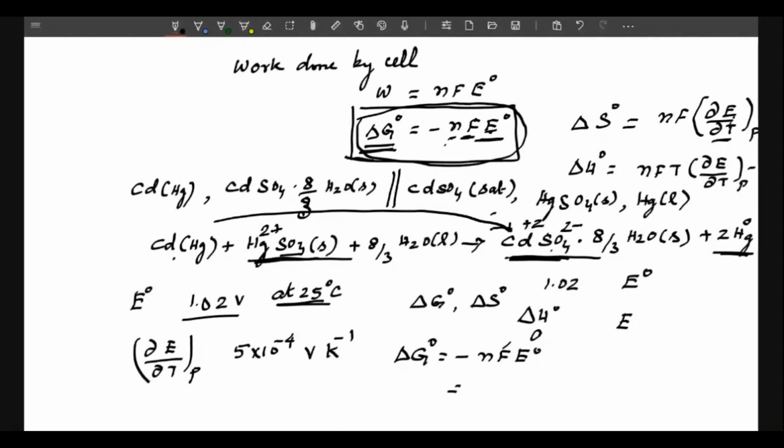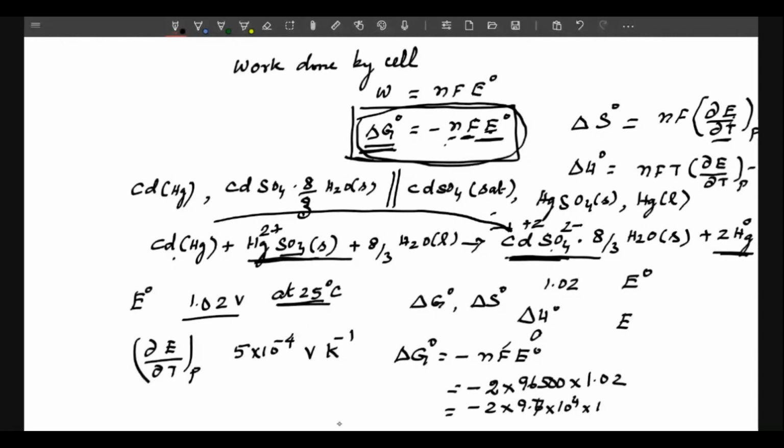Therefore, minus 2 into F, which is 96,500, into E, which is 1.02. Multiply with your own calculator. That is minus 2 into 9.6 or 9.7 into 10 power 4 into 1. You can make it 1.